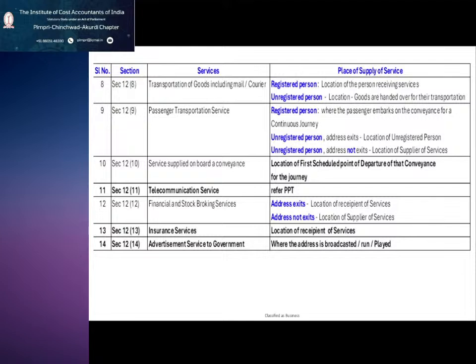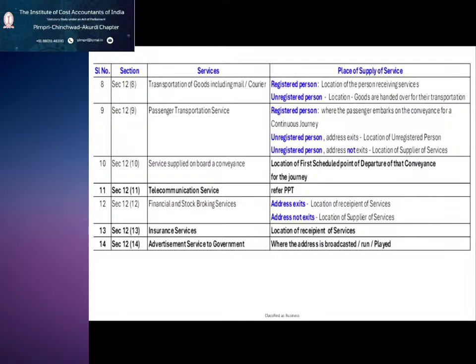Then place of supply of advertisement. The last one here is advertisement services. So what is something new in the advertisement services? The services provided to the central government, state government, statutory body, local authority.